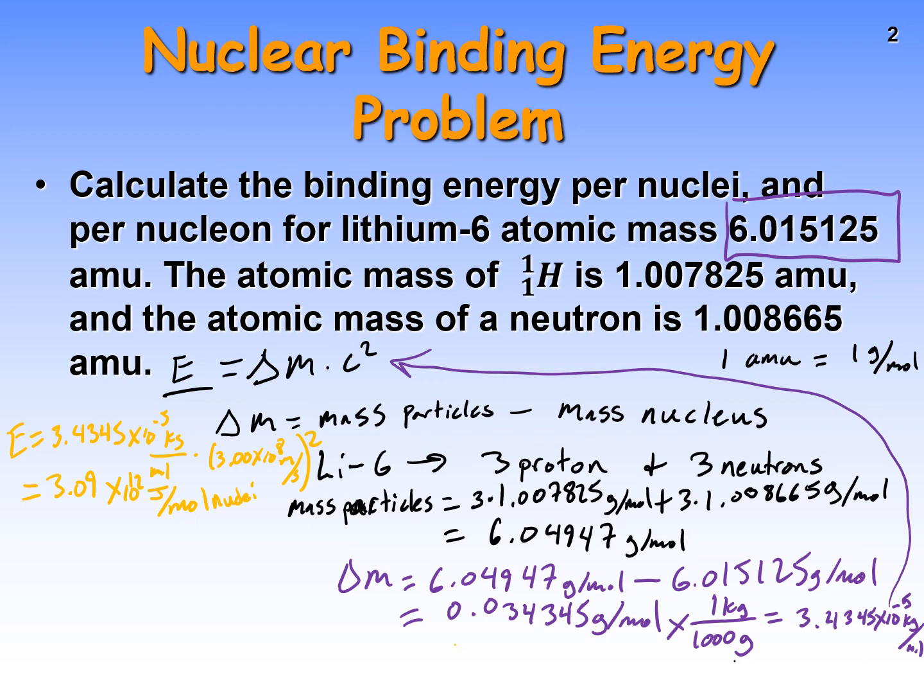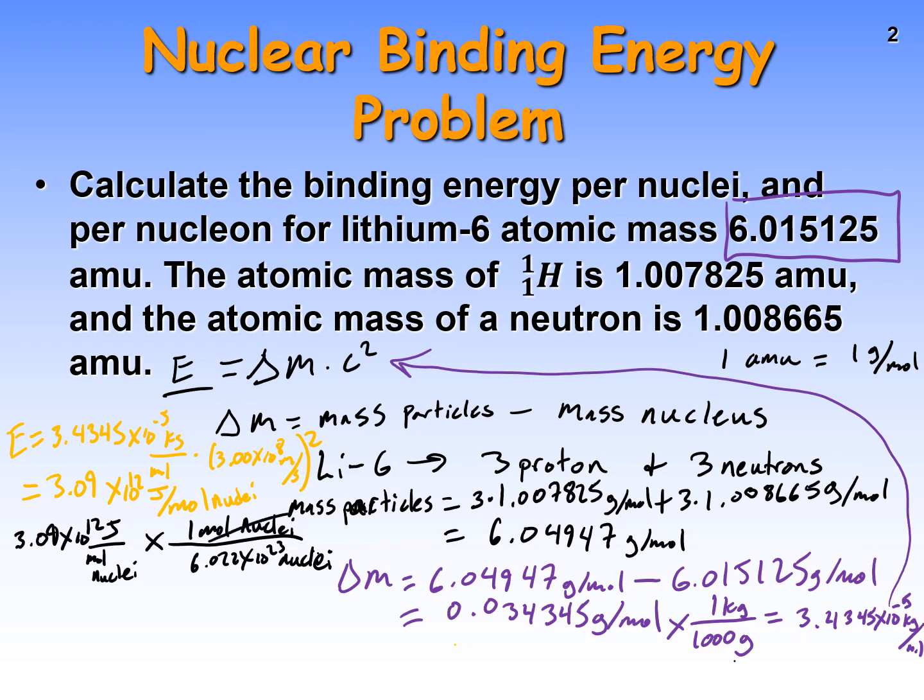So I actually do have to do a conversion here. I know 3.9 times 10 to the 12 joules per mole of nuclei. And I know Avogadro's number. I know 1 mole of nuclei is 6.022 times 10 to the 23 nuclei.